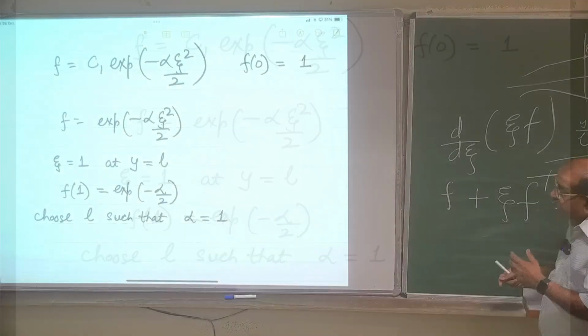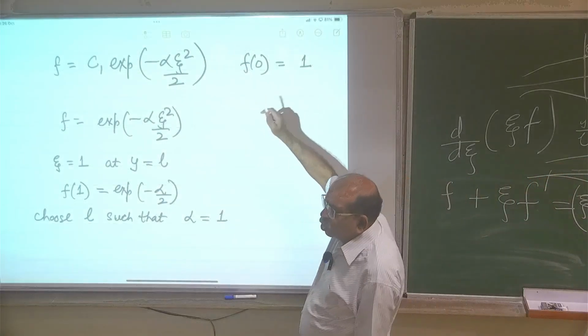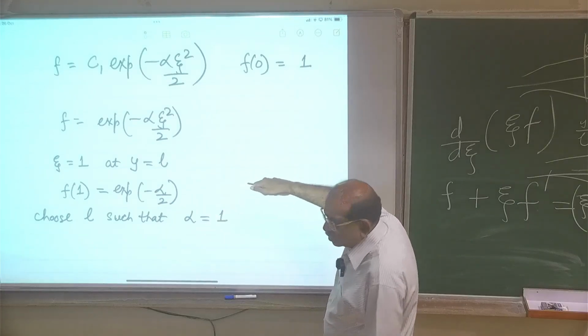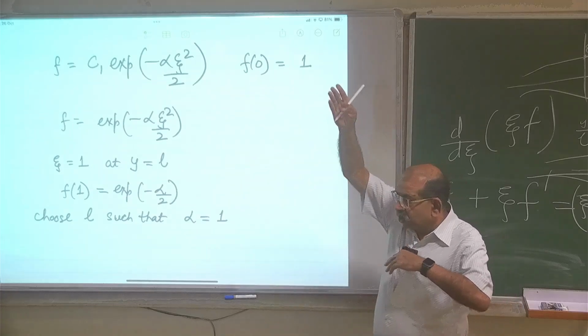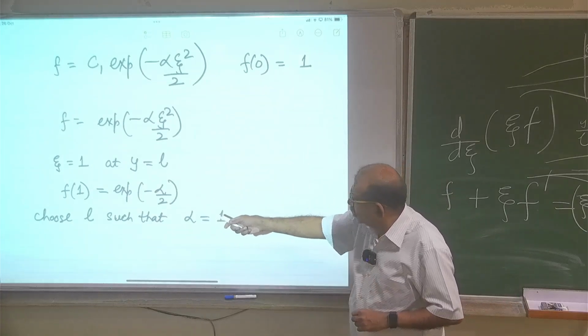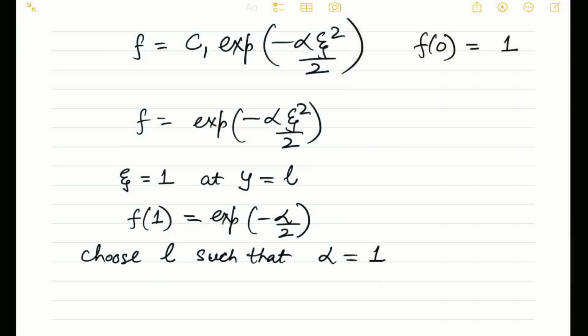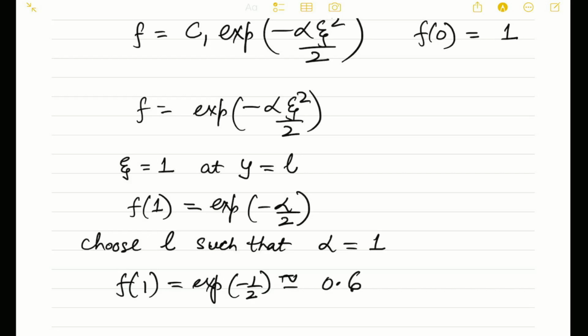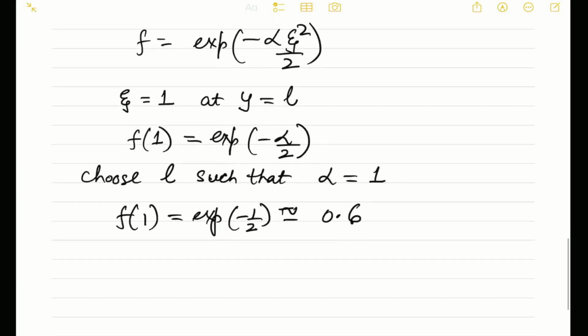To get rid of alpha, alpha was u0 a upon b, there were some constants. So we choose L, a length along the y direction, in such a way that alpha is equal to 1, and that leads to f of 1 equal to exponential of minus half, which is nearly equal to 0.6.